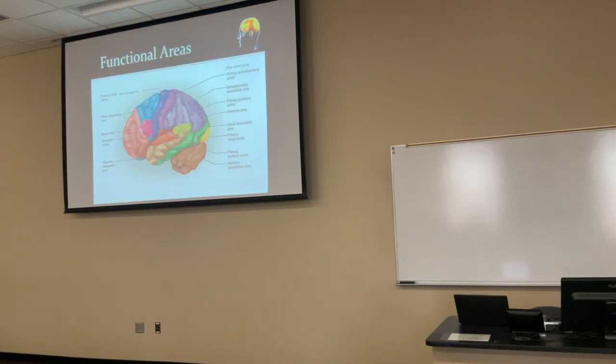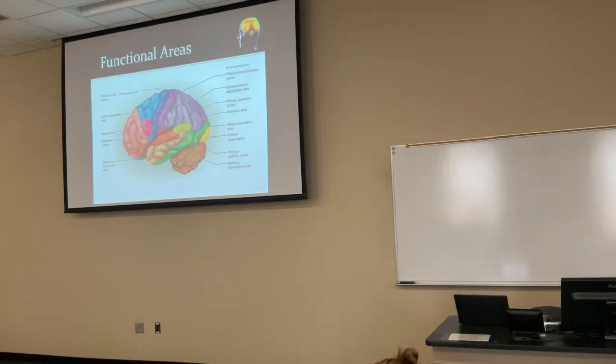And then we also looked at a functional model of the brain in lab before we left for Thanksgiving break. Some of the major areas of the brain include the primary motor cortex, which is this dark blue shaded gyrus. It's called the precentral gyrus.